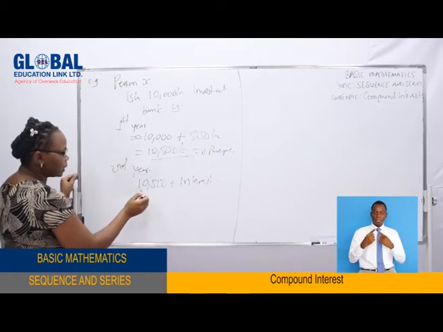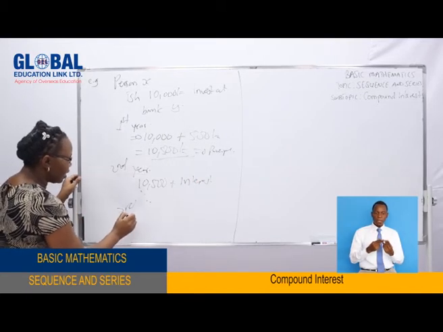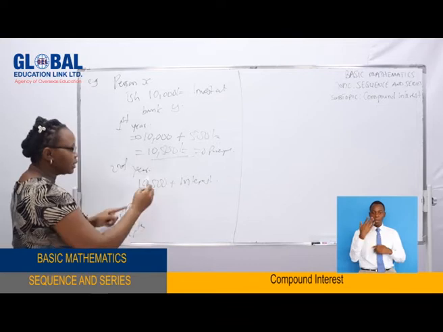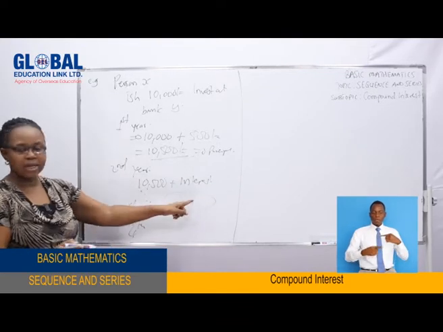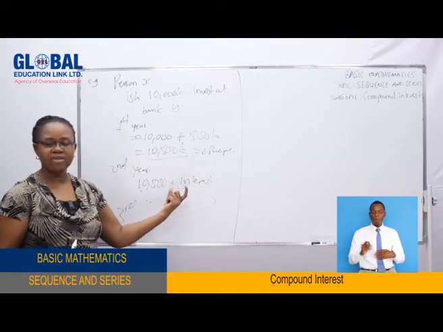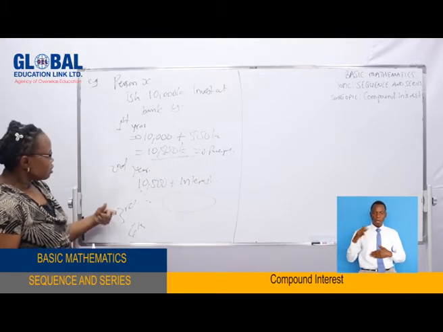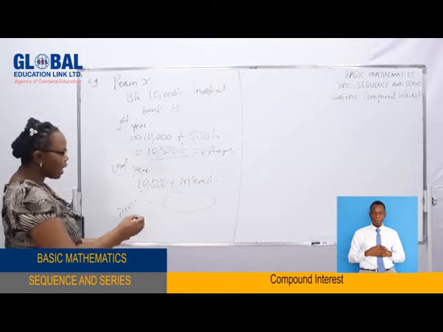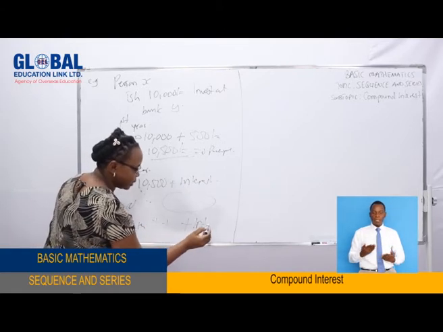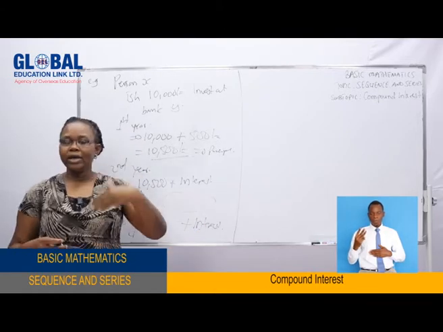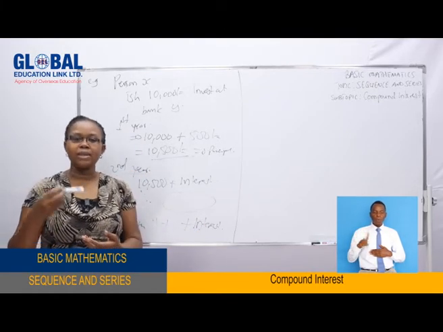This process will go on to the third year, fourth year. The amount of money obtained will also be left at the bank to the third year, and the amount on the third year will also be added with interest. So each year the amount of money is added.